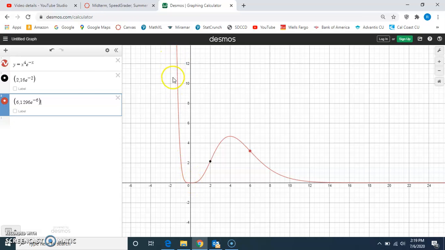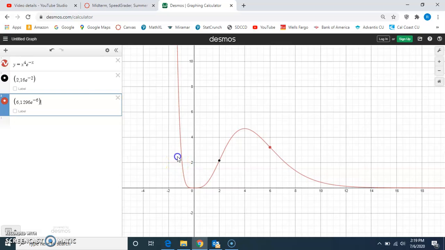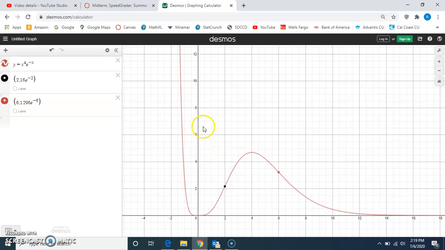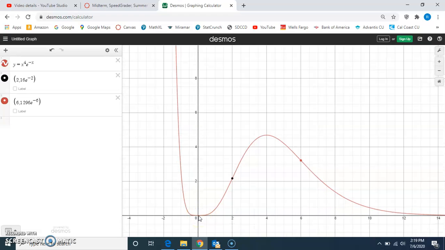So this graph is concave up, and it's kind of hard to wrap your head around for a second, but it's curving up all the way until it gets to 0. Then at 0, it flattens out. So right at 0, there's a horizontal asymptote, which is not hard to see. But because of the way it flattens out, even the second derivative equals 0 there.